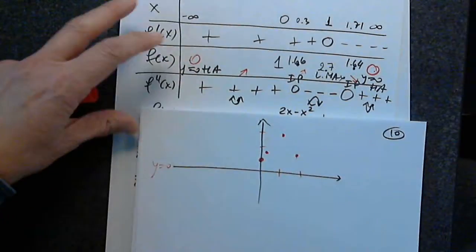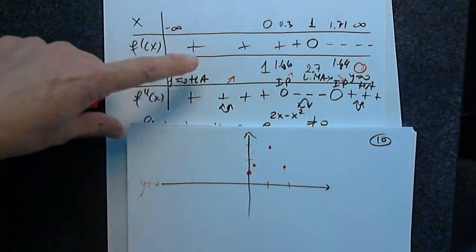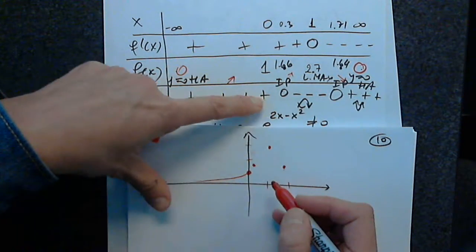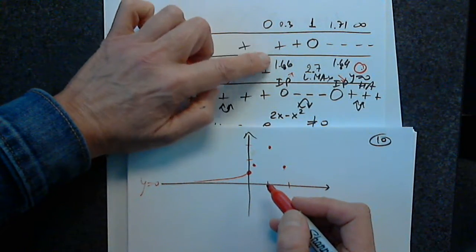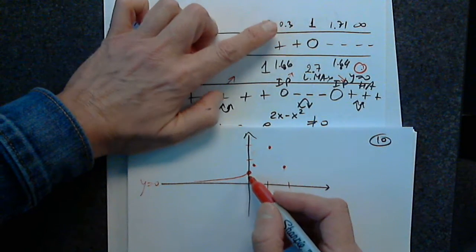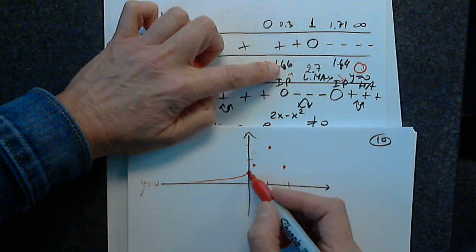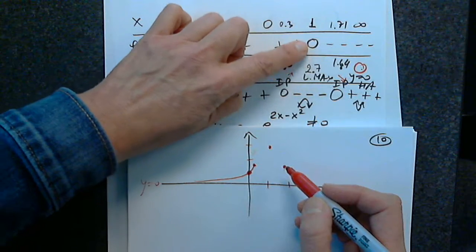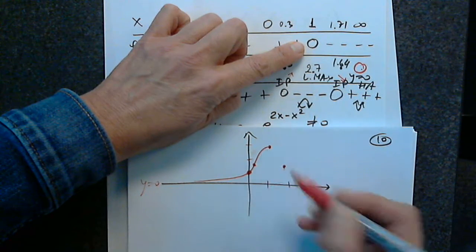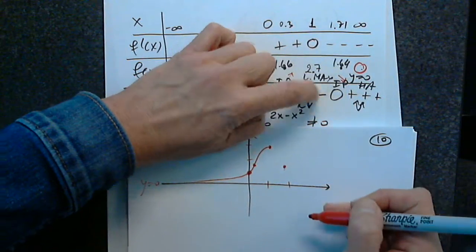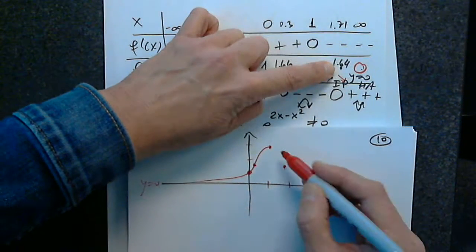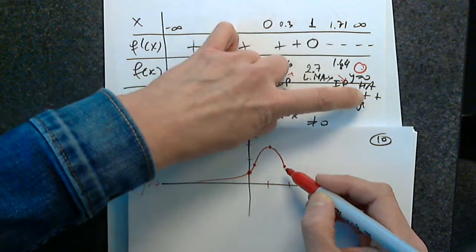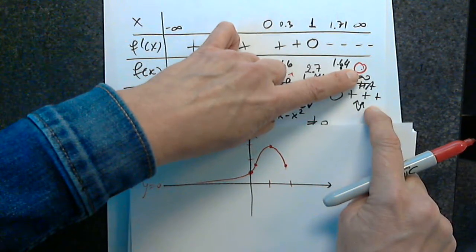So coming from approaching the asymptote, increasing, opening up. It continues to increase. So this is the y-intercept. It continues to increase to this point where it changes concavity. It starts opening down, still increasing to this point. Still opening down, starts decreasing to 1.7, where it has another inflection point, and it changes concavity, opening upward, approaching 0.